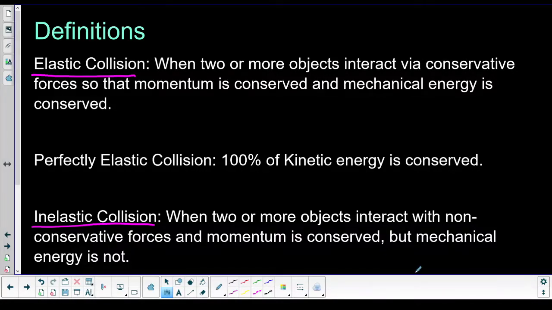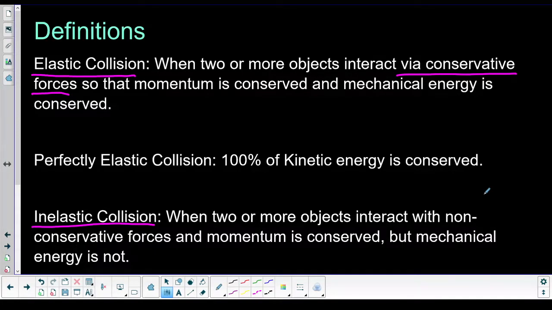Elastic collisions are when two or more objects interact via a conservative force. Conservative forces are forces that you associate with conserving energy. These are forces like springs, gravity, pretty much those two.